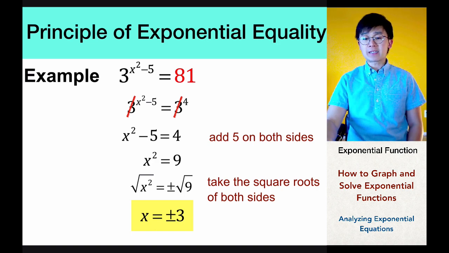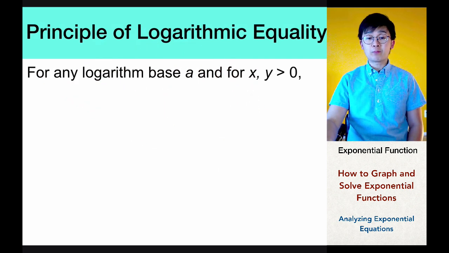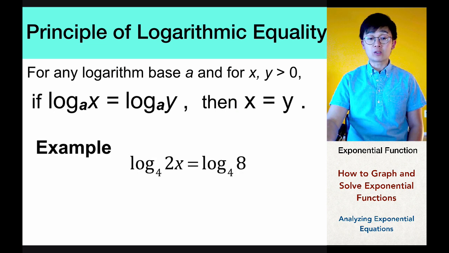Now, meron din tayong tinatawag na principle of logarithmic equality na kung saan pwede natin gamitin yung logarithms para makuha natin yung solution ng ating exponential function. So, yung principle of logarithmic equality is kung meron daw tayong log of x to the base a at log of y to the base a, kung magkaparehas yung ating base, pwede nating makancel si logarithm at magkaroon tayo ng x equal to y.